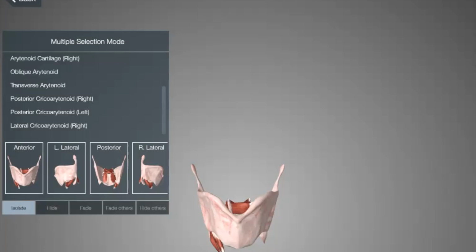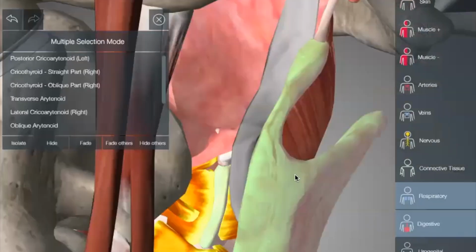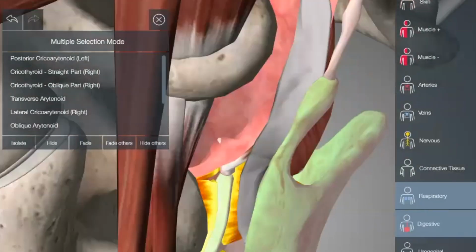I think it's more of, let me show you. It's like the lateral cricoarytenoid.